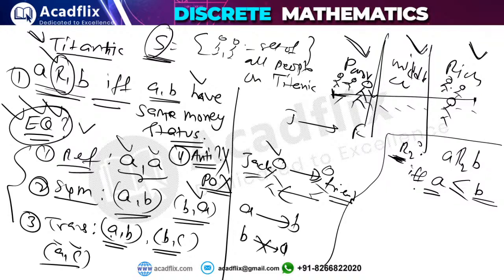So you can see this is a partial order relation. Why? First of all, it is reflexive, because of course my money status is less than or equal to my money status.